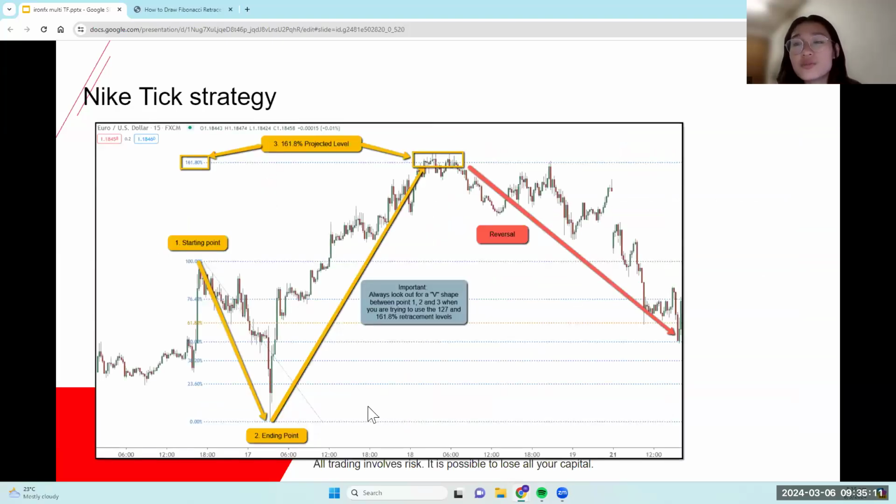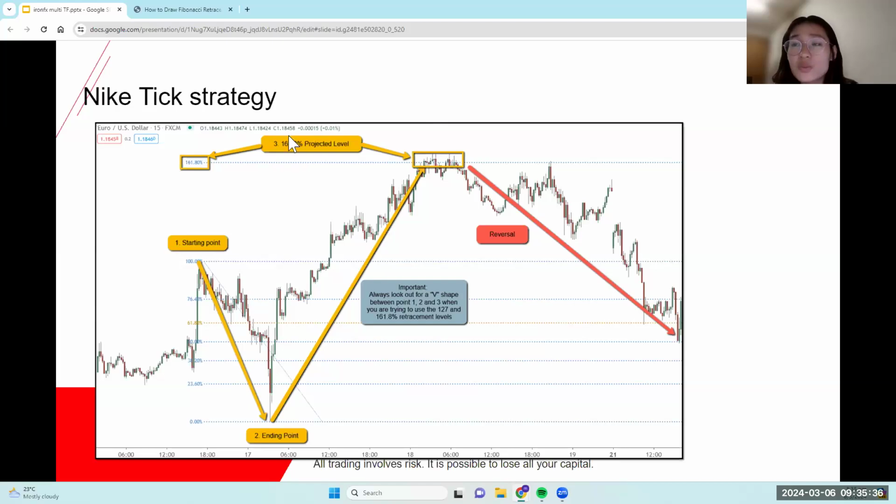So here's an example. You can see the yellow arrows show us the shape of the Nike tick. Our starting point is over here, basically the head of the arrow or the shorter part of the tick. You should make sure that price fully breaks out of this 100% before you go in and use this strategy.